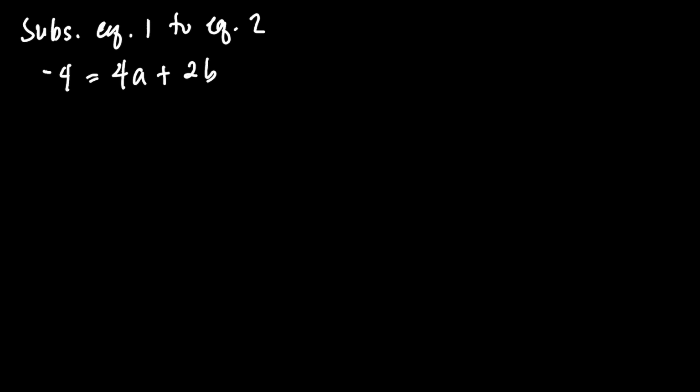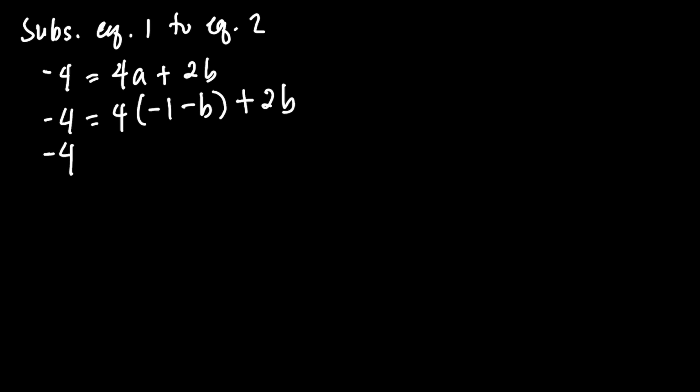Our equation 2 is -4 = 4a + 2b, so substituting, we have 4 times (-1 - b) plus 2b.